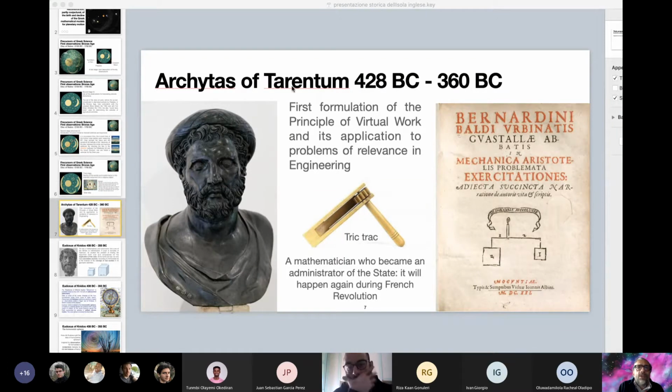Archytas of Tarentum is considered a mathematician, first of all, and it is attributed to him the invention of a trick track. A trick track is a device where a flange is oscillating, producing a sound.